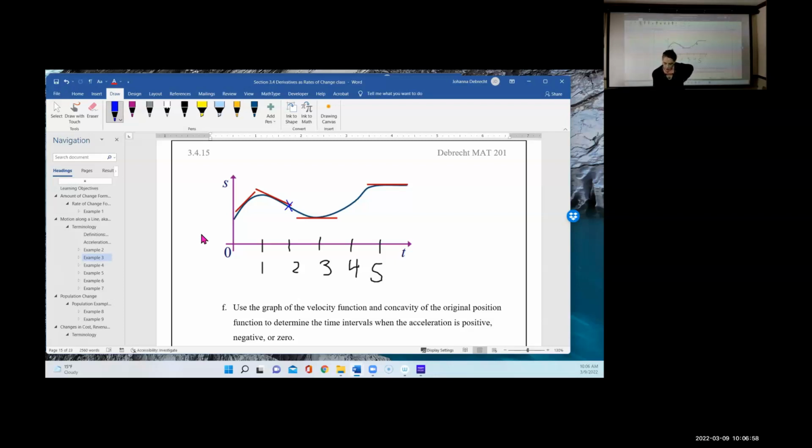And then we've got another one over here just past 4, where it changes curvature again. It has to change curvature. It's cupped up here, but it's clearly kind of got a downward curve to it here. So somewhere it's got to change curvature from up to down. Those changes in curvature correspond to changes in acceleration from cupped up, positive acceleration, to cupped down, negative acceleration.